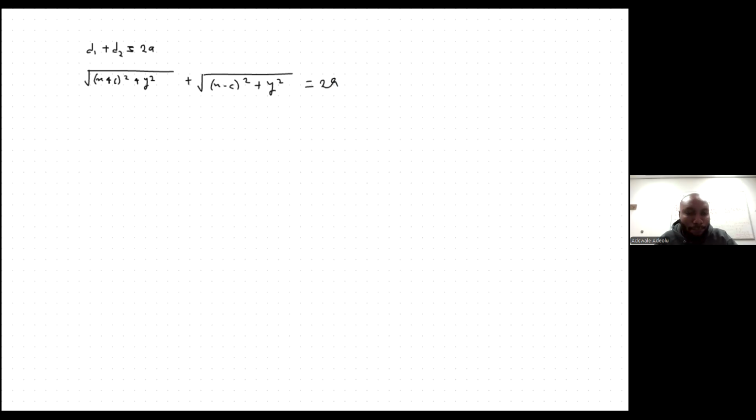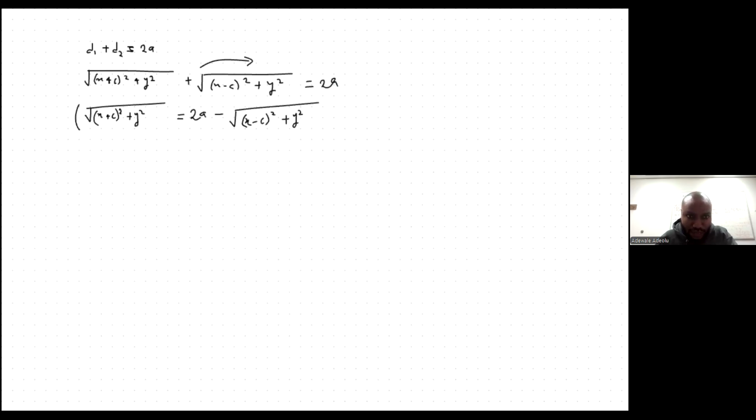Now, all right, let us solve this. I can move this to the other side. My whole goal is to get rid of the square root. So that is my goal. The square root of x plus c all squared plus y squared equals 2a minus the square root of x minus c all squared plus y squared.